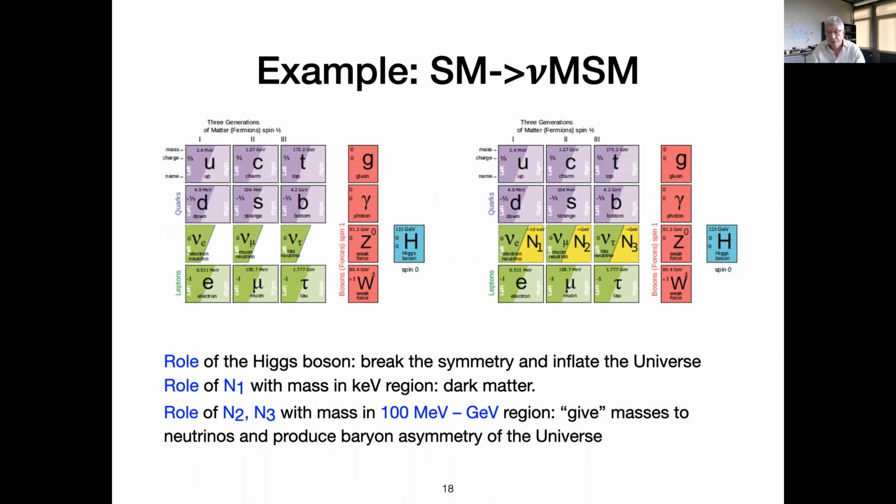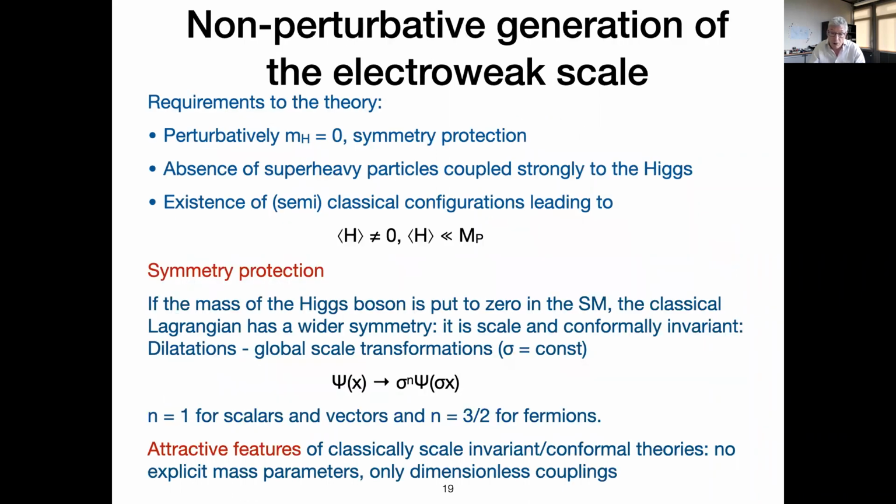In this theory, the Higgs boson breaks electroweak symmetry and inflates the universe. The right-handed neutrino with a mass in the keV region can play the role of dark matter. Two other right-handed neutrinos can give masses to neutrinos and produce the baryon asymmetry of the universe. So this theory is very similar to the standard model. It doesn't introduce any new scales, and it doesn't have any phenomenological problems.